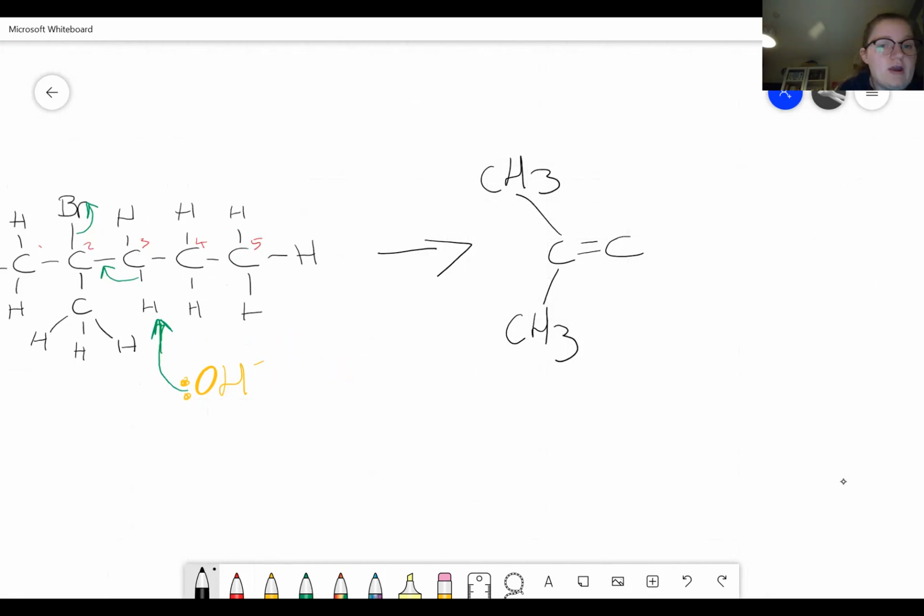Then carbon 3 is just going to have one hydrogen attached to it, because this one's gone at the top. And then it's going to have this part here, H, CH2 and CH3. So that's the other isomer that we could form.